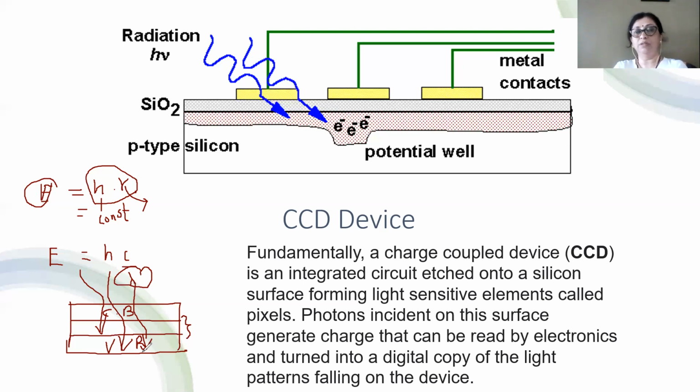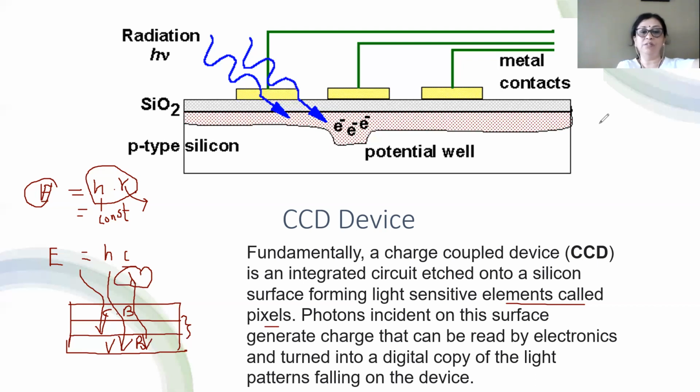In this way the CCD device is converting an image into charge. This imaging device has sensitive elements called pixels, and generally this image sensor is a matrix arrangement of these pixels. Hundreds of these pixels are arranged in rows and columns, and it acts as an image sensor.